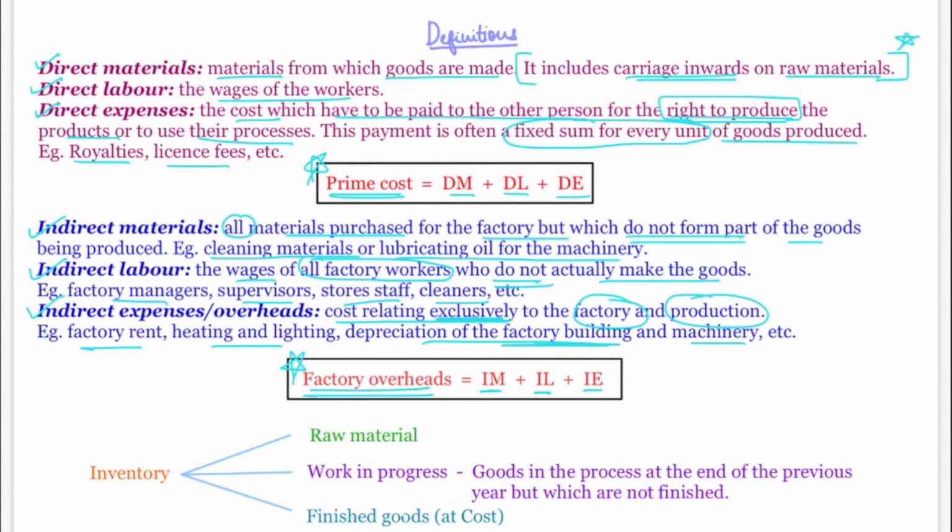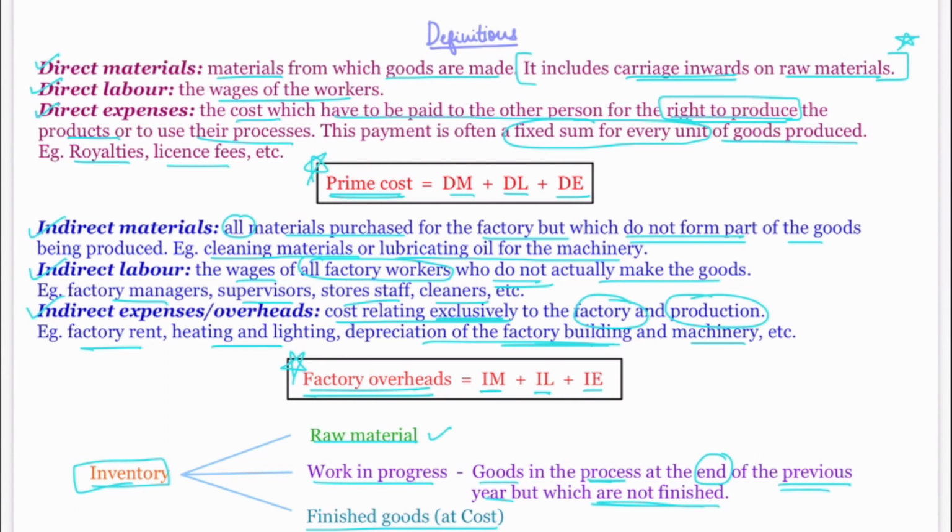Now, let's see the inventory. The inventory for the manufacturing company is divided into three, that is raw material, work in progress, and finished goods at cost. Now, raw material is simply the material required for the production. Work in progress are the goods in the process at the end of the previous year but which are not finished.